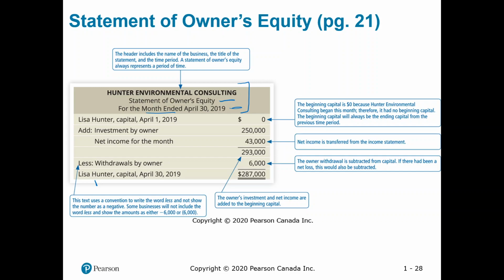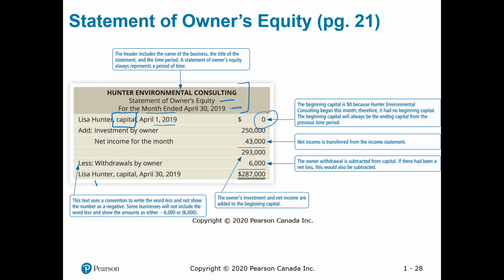So here we always start with the opening balance of owner's equity, which is referred to here as capital. So Lisa Hunter capital is just a shorter way of saying Lisa's owner's equity. Lisa Hunter capital, and it's for April 1st, which is the start of the month. You can see here it's 0.